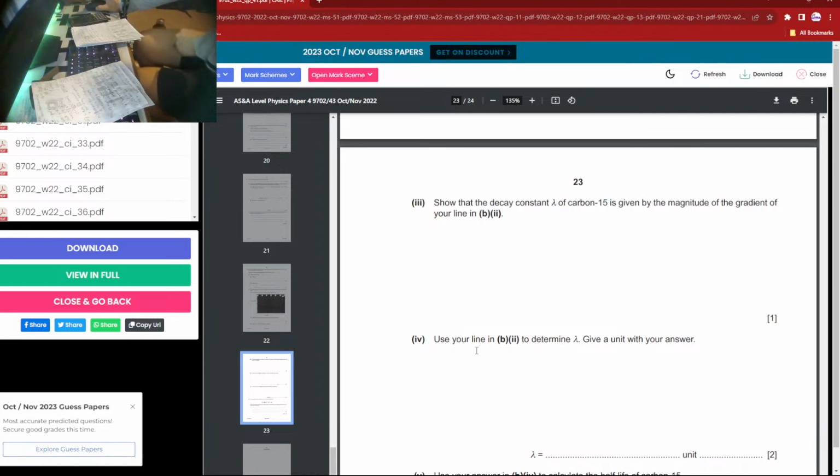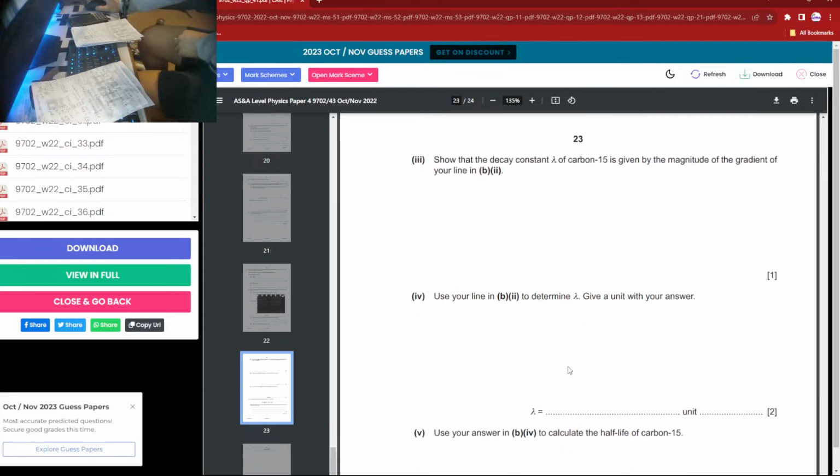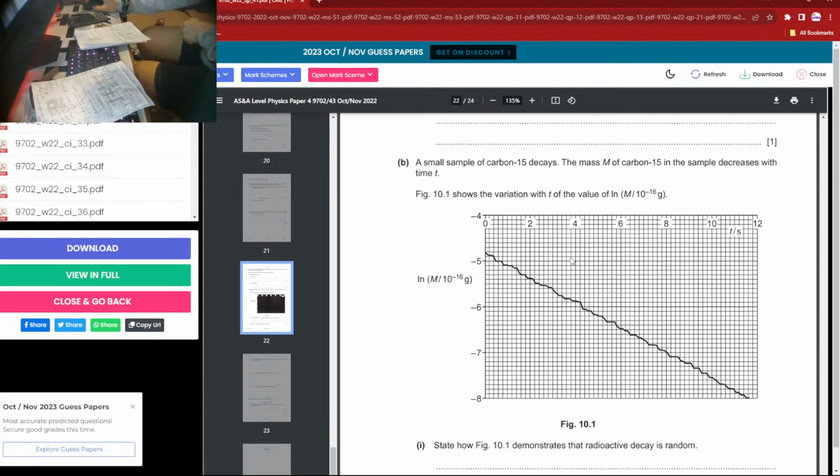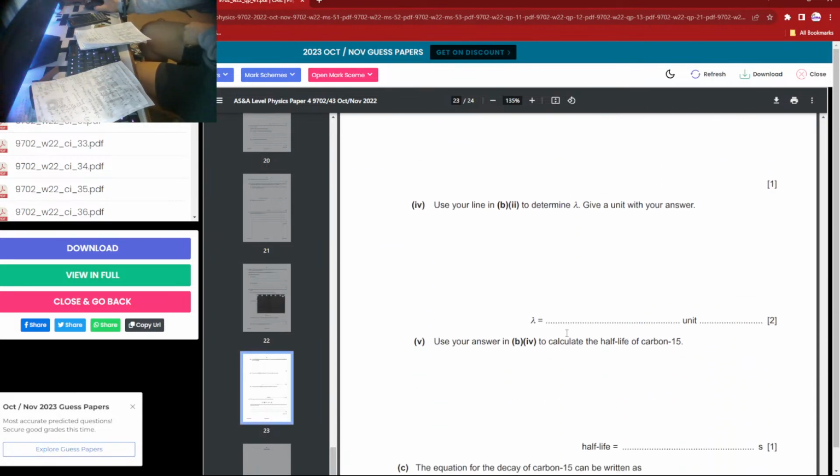Next one, use your line in B2 to determine lambda. This one you have to use a line, but I don't have my line yet, so basically you just have to take one value from your line and calculate. I'm just going to skip that. It's quite simple. It's just finding the gradient. You find y1 minus y2 over x1 minus x2. Okay, I'll just do it.